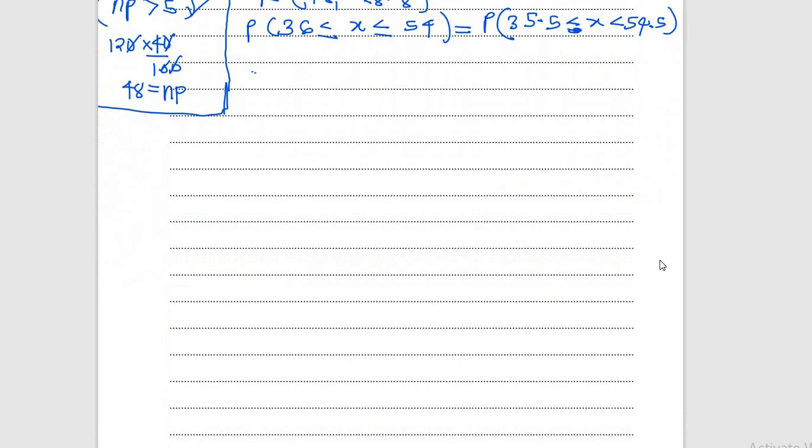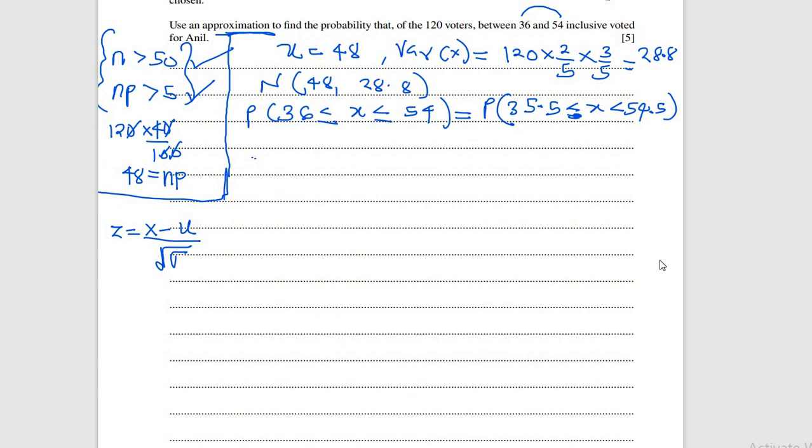Now, since we are using the normal distribution, what's the formula? It is x minus mean, all over the square root of variance. So let's standardize it.